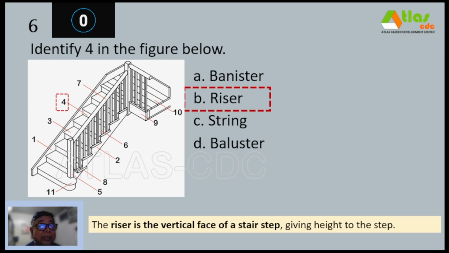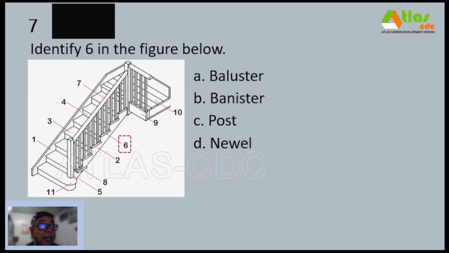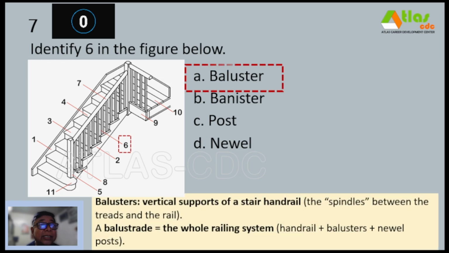So the riser is the vertical face of a stair step, giving height to the step. 7. Identify 6 in the figure below. This one: A, baluster; B, banister; C, post; and D, newel. And our correct answer is letter A, baluster.